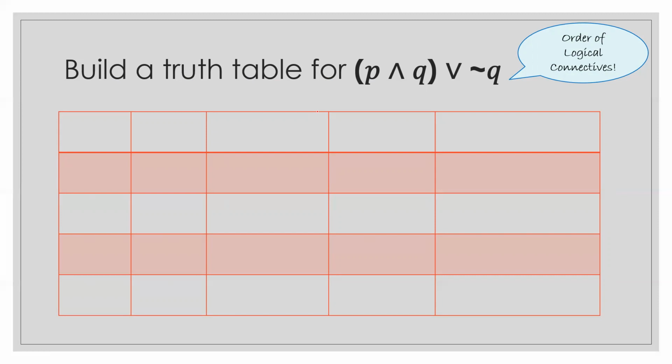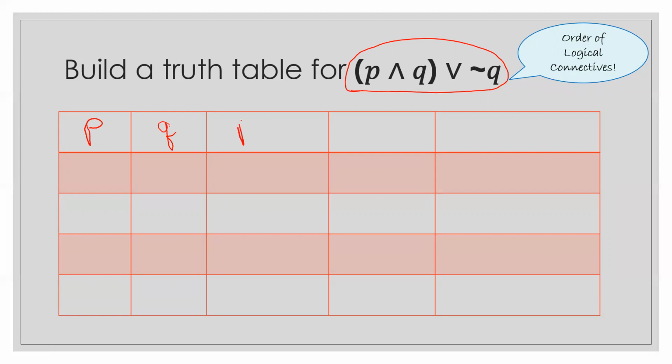Okay, so let's see if we can build a truth table for a statement that looks like this. Let's pay attention to the order of logical connectives, like the order of operations, right? I see here that I have two simple statements, P and Q. Now, the order of logical connectives says I'm going to go inside parentheses first.